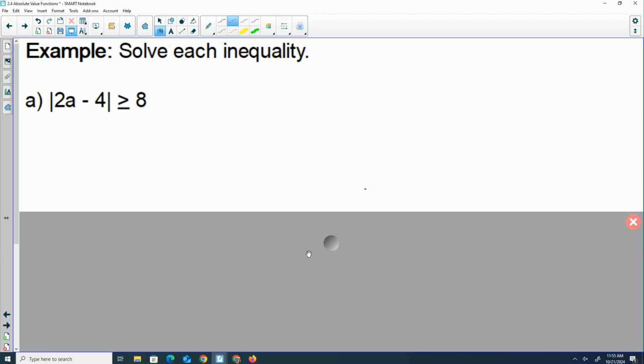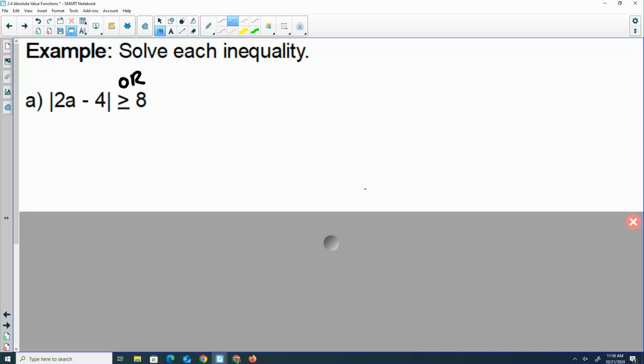Okay, first question we have to ask ourselves. Make sure the absolute value is by itself, which it is. And then I have to ask myself, is this an and or an or? Or. Great, or. So remember, if it's a less than, that's and. Greater than is or.